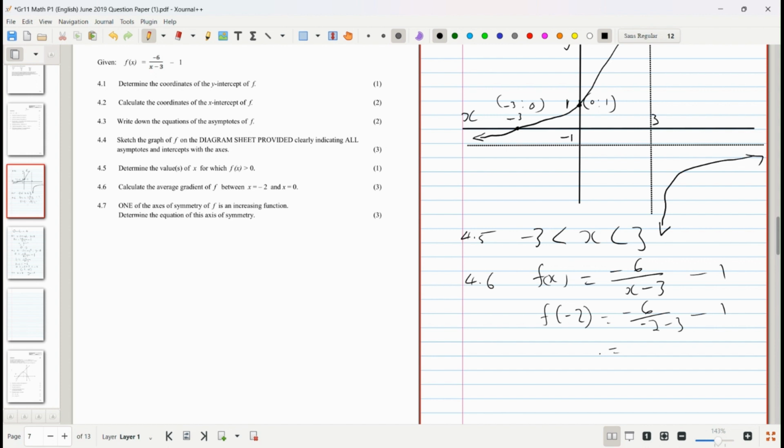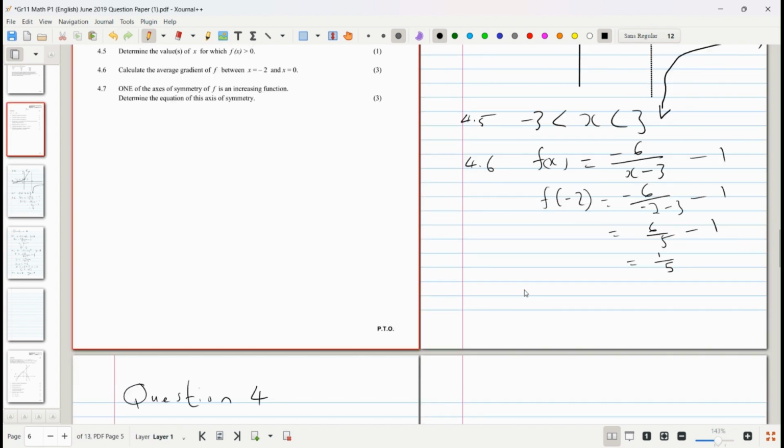So we'll have 6/5 minus 1, which will give 1/5. And then substituting x equals 0, we'll have -6 all divided by 0 minus 3, minus 1.